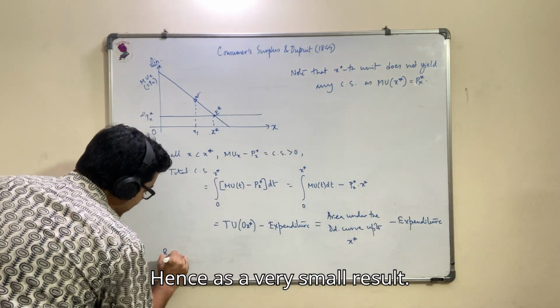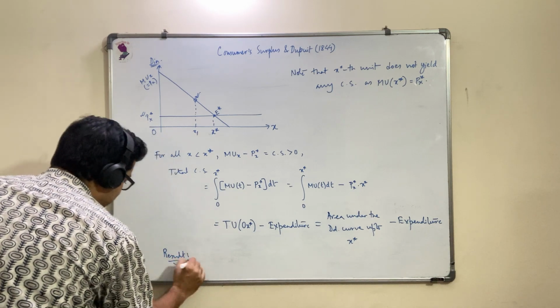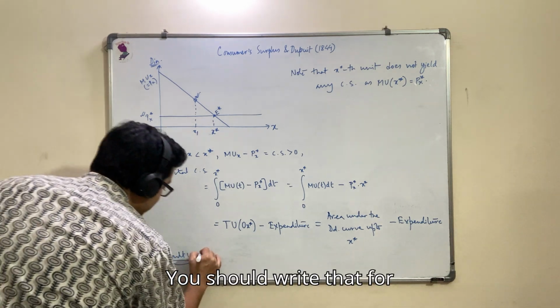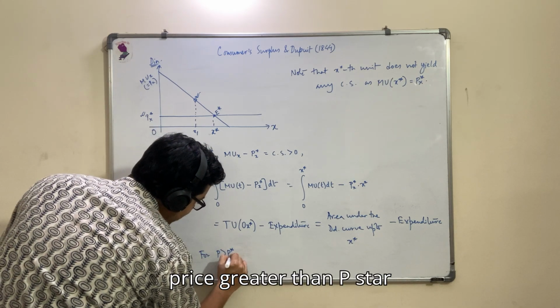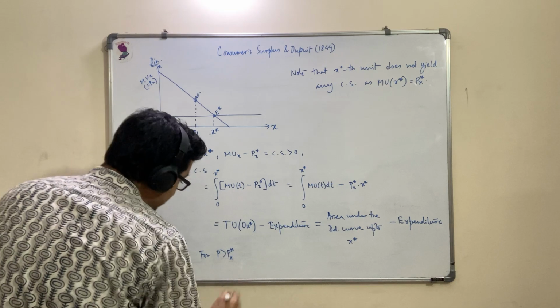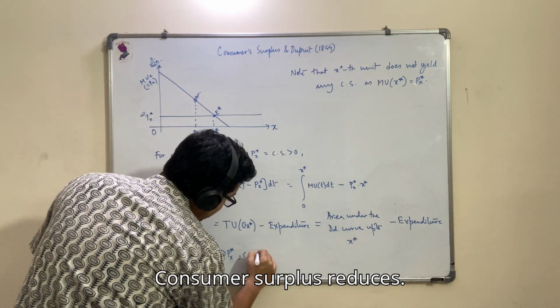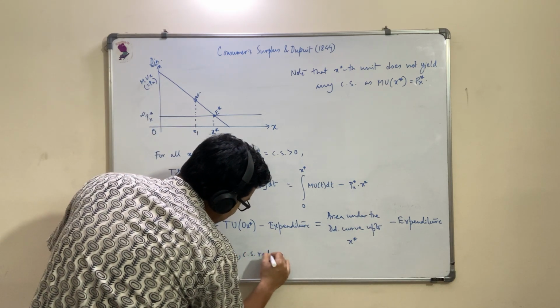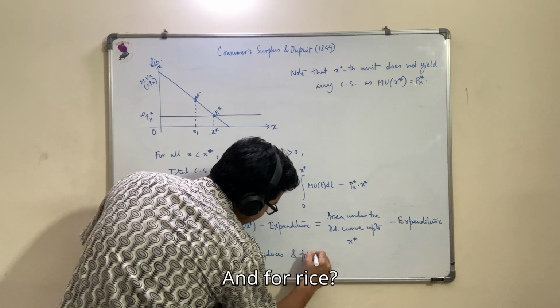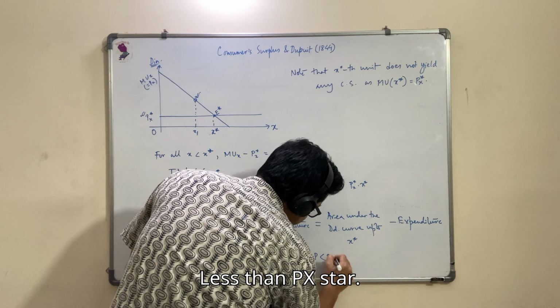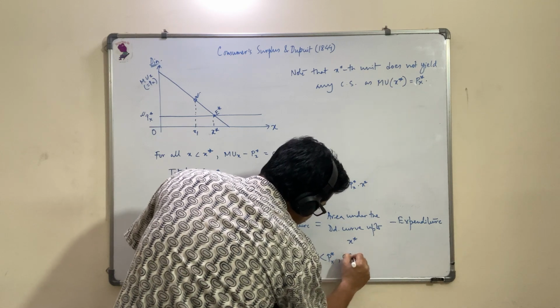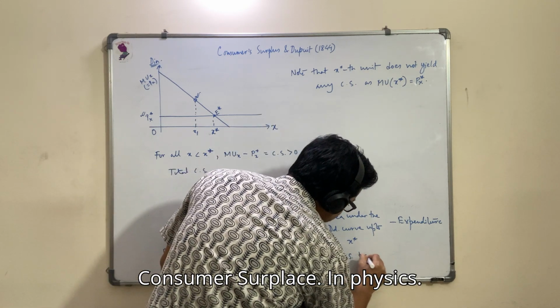Hence, as a very small result, we should write that for price greater than Px star, consumer surplus reduces, and for price less than Px star, consumer surplus increases.